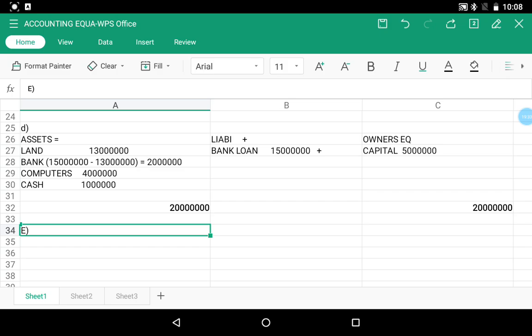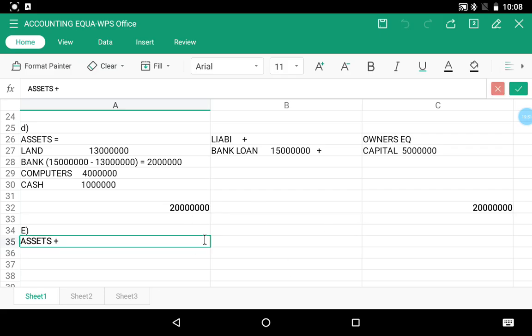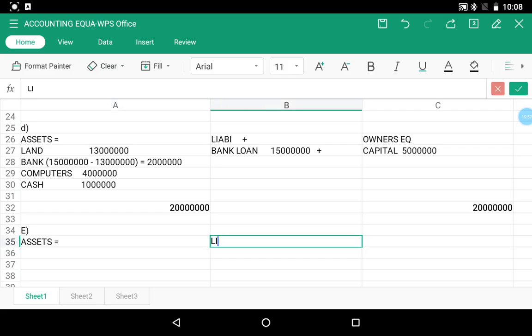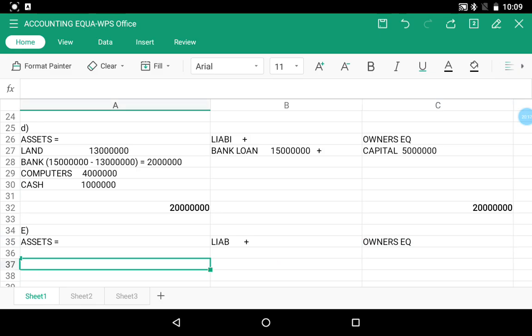As I have said, the first thing we restate is our accounting equation, which is assets is equal to liabilities plus owners equity.